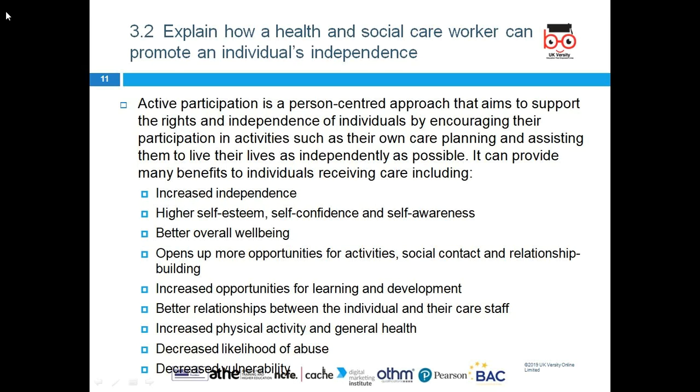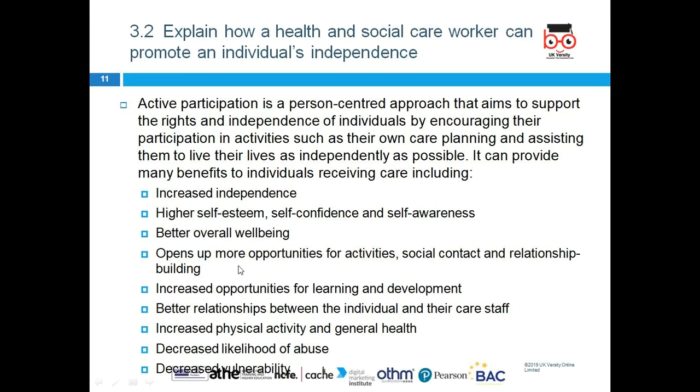It helps them have increased independence, higher self-esteem, self-confidence, and self-awareness. There's a better overall well-being for the service user.